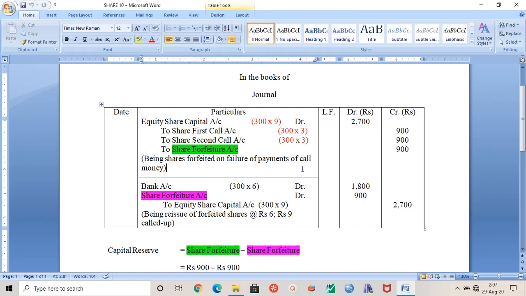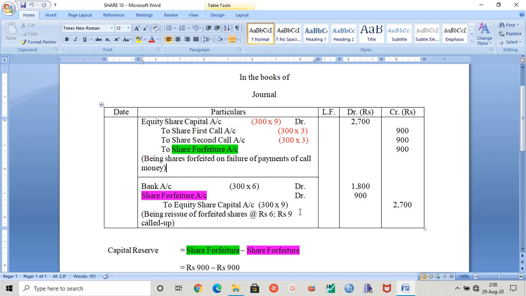Anyway, now this is your entry for reissue. In this particular question we don't know at what amount the shares were reissued. It is not mentioned directly, but there is a hint in the statement. Just read the statement.